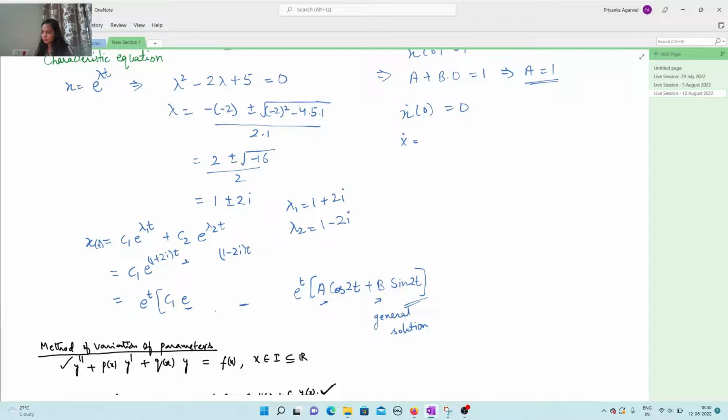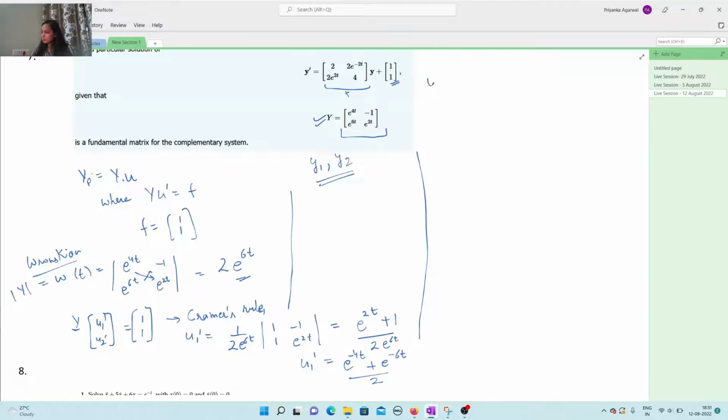That is u1 prime. Now similarly u2 prime can be found, which will be 1 by 2 e to the power 6t, and here the solution will be e to the power 4t minus e to the power 6t, and this comes out to be e to the power minus 2t minus 1 over 2.